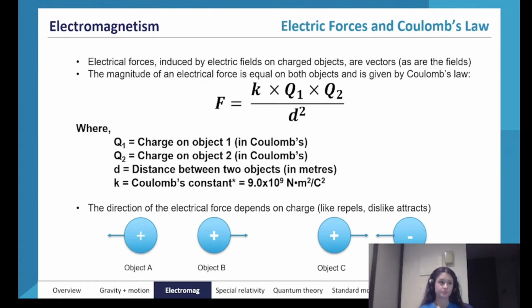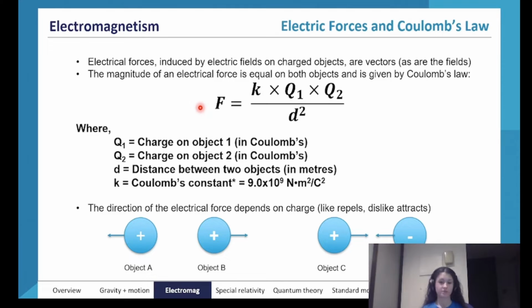So, when we're talking about electrostatics, we're talking about the force generated by the particles due to their charge. So, to calculate the force on two charges due to their electric field, we need to use Coulomb's law, which is in your formula sheet.